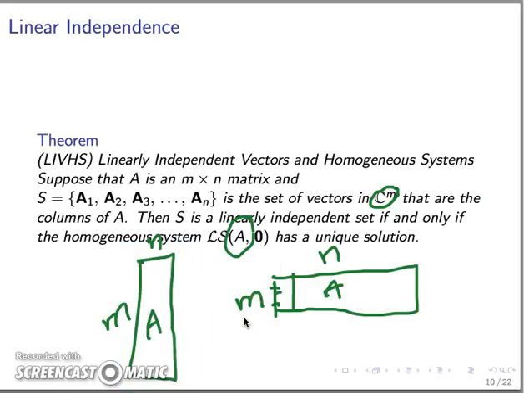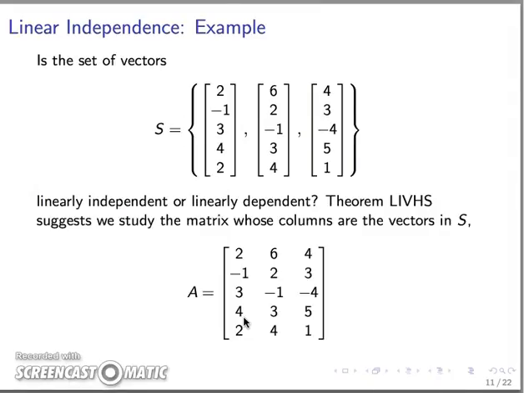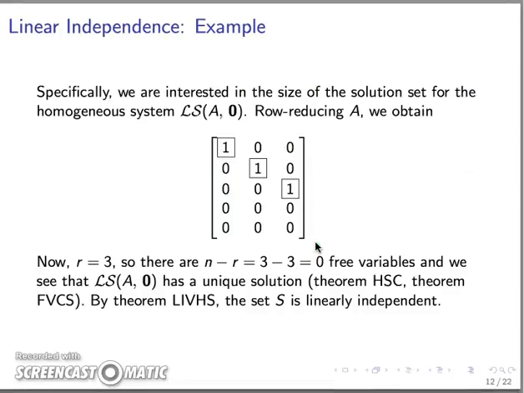And so this theorem is a useful tool because it relies on computing the reduced row echelon form. Suppose we consider this set. There are 3 columns. Each of them will be considered a column of a matrix of coefficients in a homogeneous system. The first column is called A sub 1, the second column is called A sub 2, the third column is called A sub 3, and now we proceed as if we were computing the solution set of this linear system with matrix of coefficients A and 0 as the vector of constants.